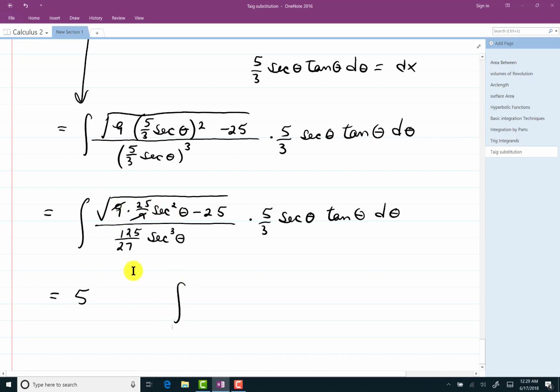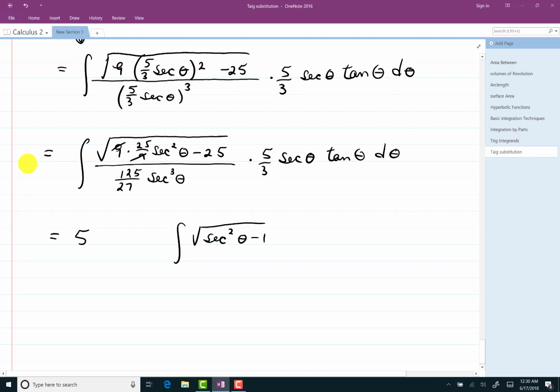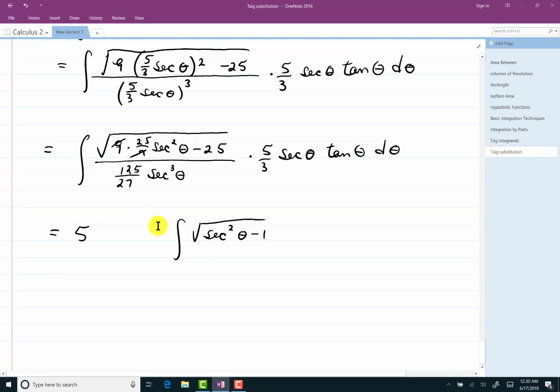What would be left in there? Secant squared theta minus 1. When I deal with this part here, if I were to bring it out front, it's actually 27 over 125. And then I've got this 5/3 to deal with.